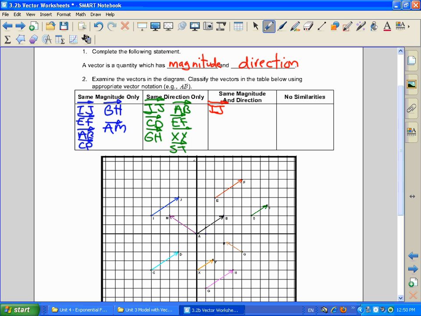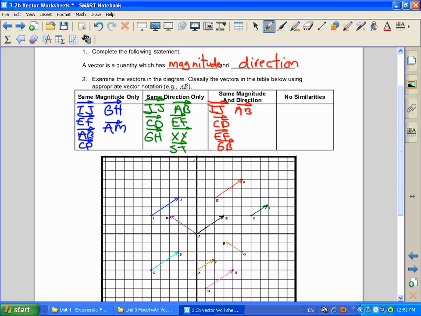So IJ is exactly the same as CD, which is exactly the same as EF, which is exactly the same as GH, and I believe the same as, is it AB? Let me just double check. AB, yeah. Okay, so those have the same magnitude and direction.